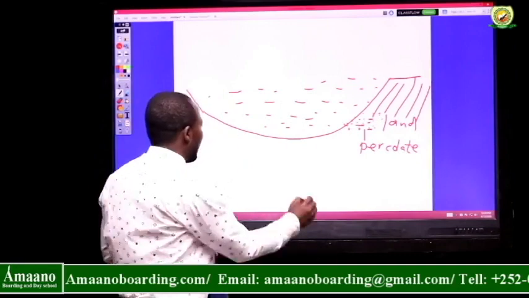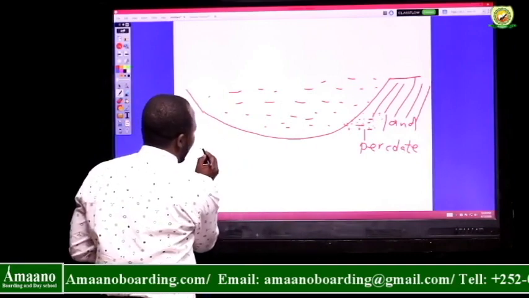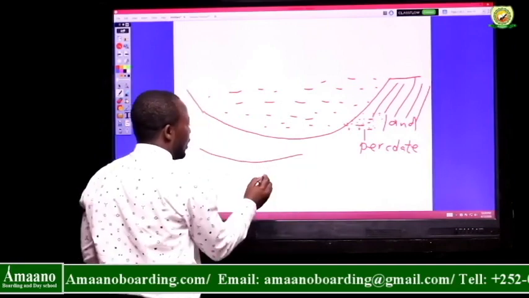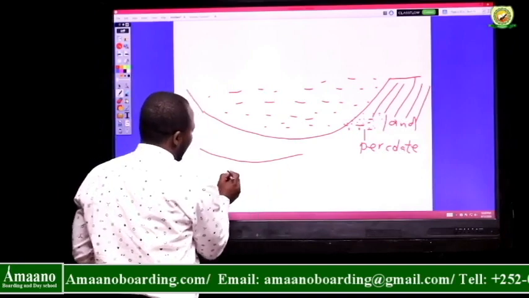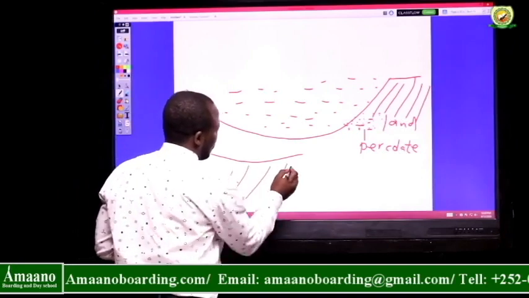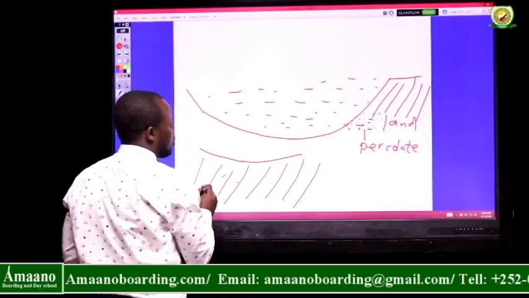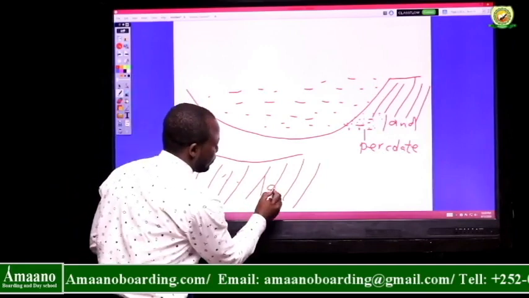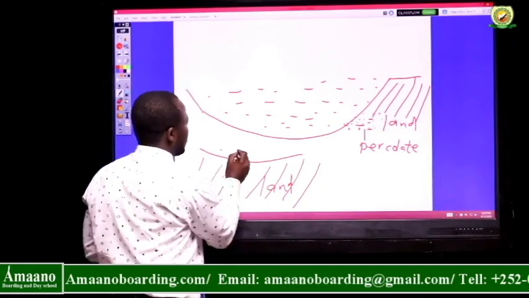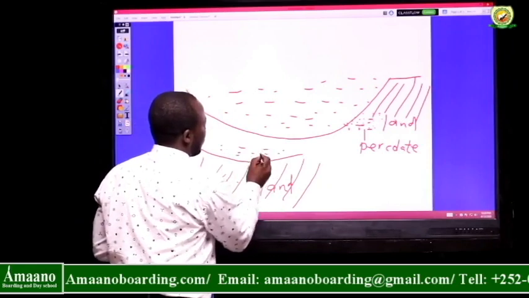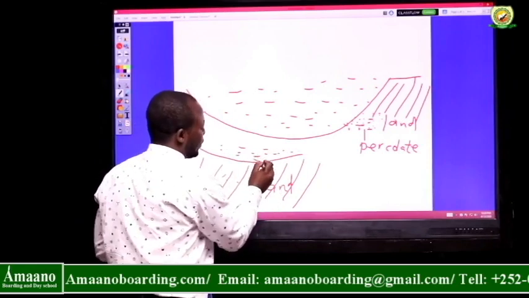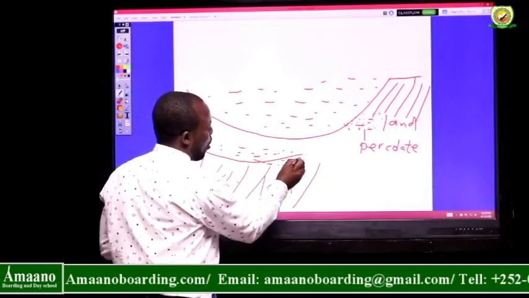Talk about even a shallow pond, where we have a pond like this, and then deep under we have land. This is rocks and soil. This is land, and this is shallow water, maybe a river. This water may percolate through the pores.